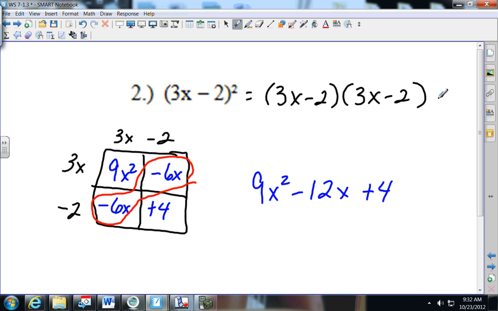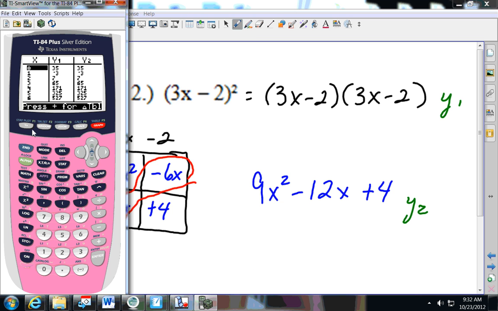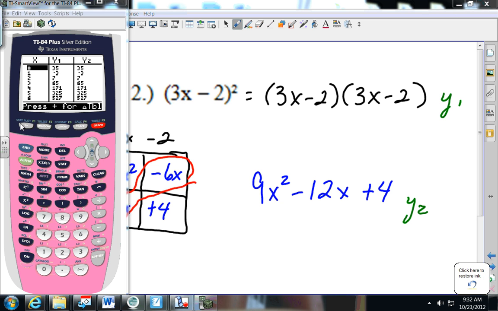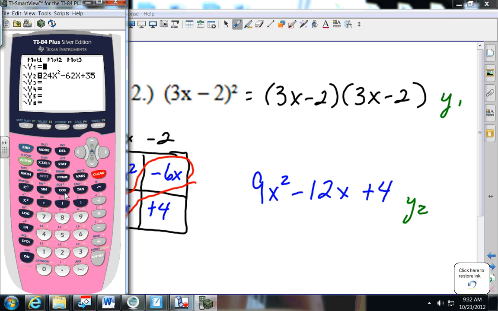Again, one more time to remind on checking. Put the original problem into y1, what we believe the answer is into y2. So when I go to y equals, I have 3x minus 2 times 3x minus 2.